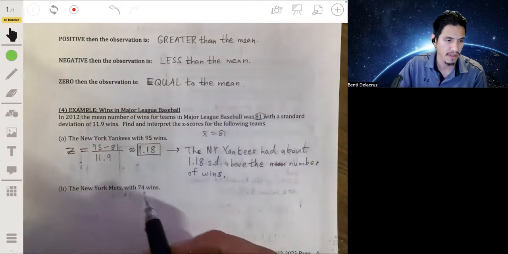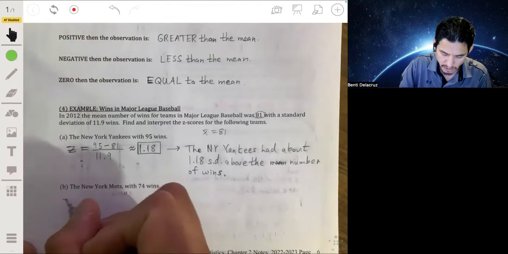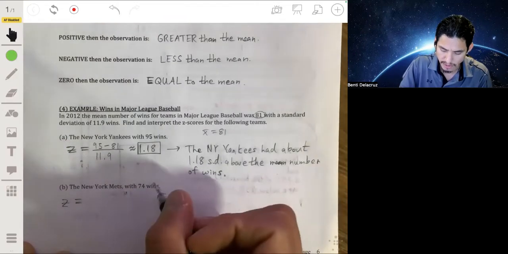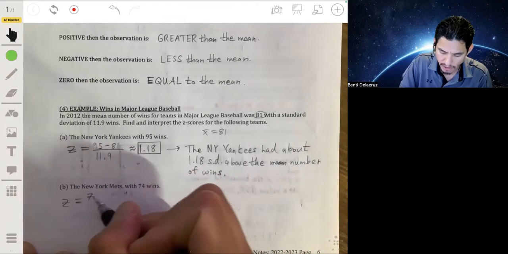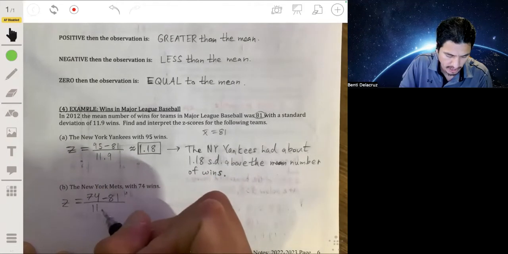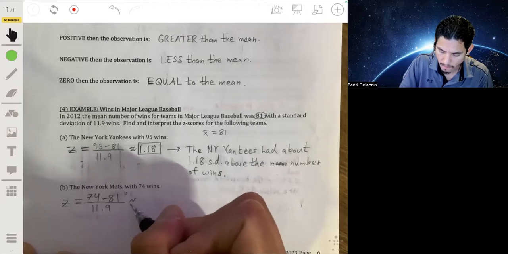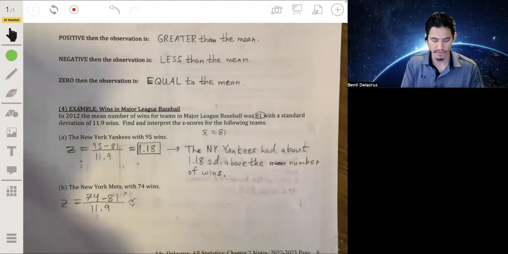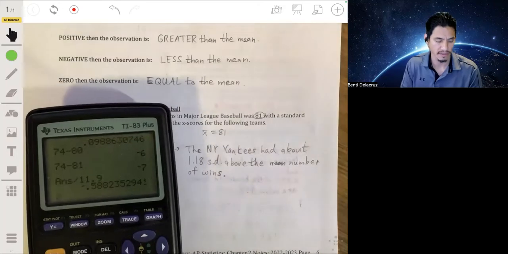Now the New York Mets had 74 wins, so their z-score is going to be 74 minus the mean, which is still 81, over 11.9. We're going to get a negative value. 74 minus 81 divided by 11.9, about negative 0.59.